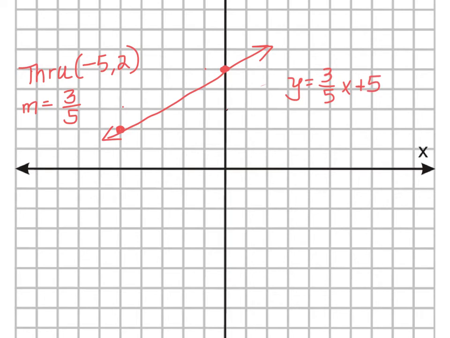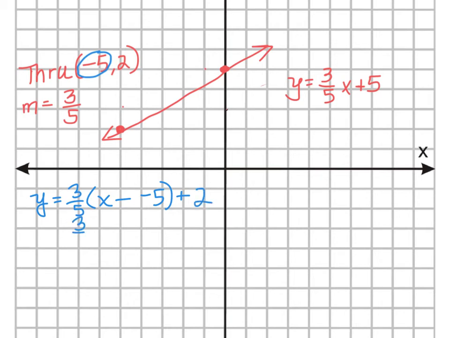I'll just show you how that works one more time. I do y equals my slope 3/5 times x minus the x value. Now, because the x value is negative here, I do have to watch the signs. X minus negative 5, plus the y value, and the y value is 2.